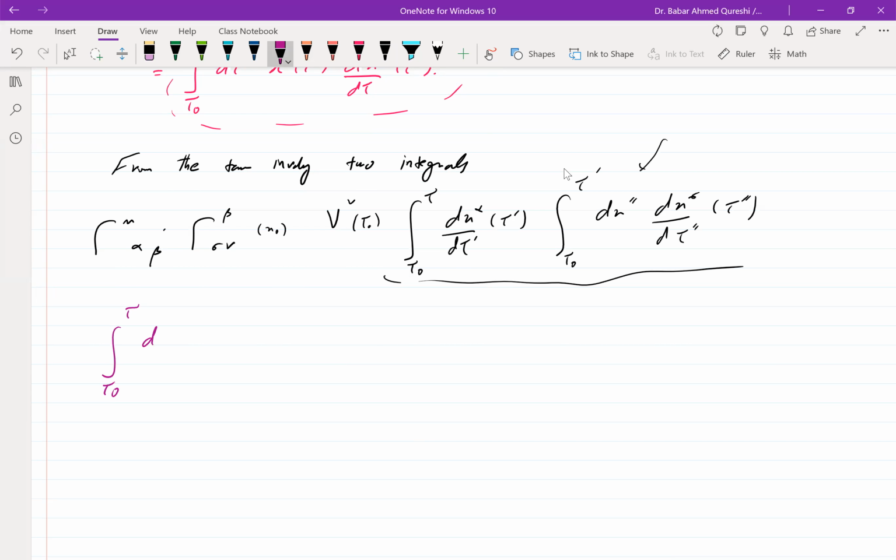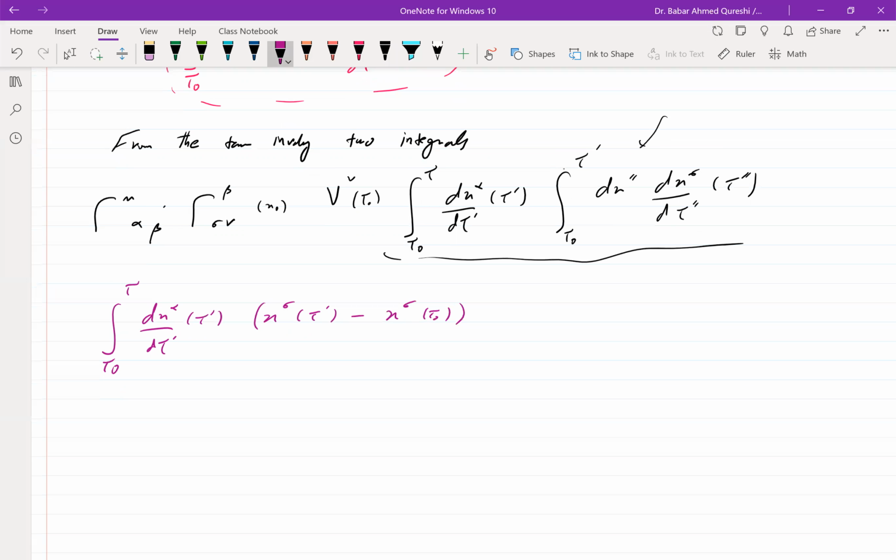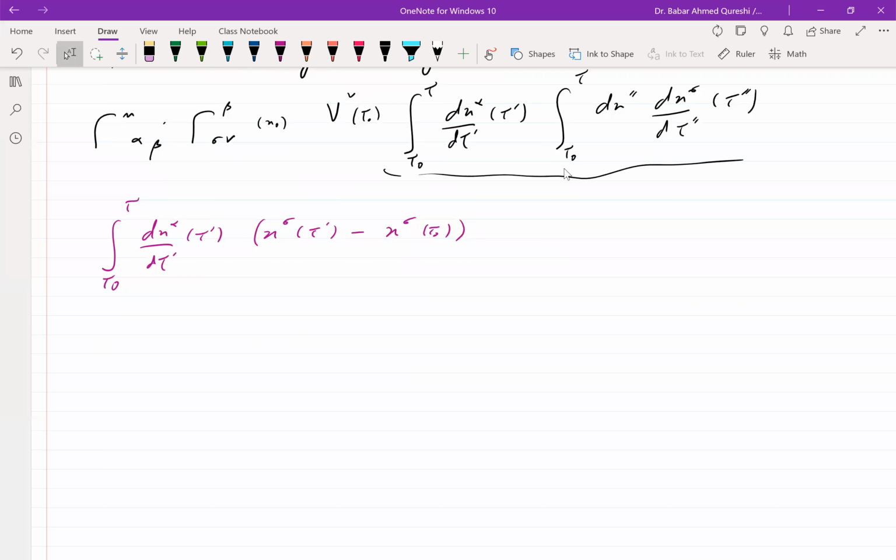Tau, and when I do this integral, I get x sigma at tau dash minus x sigma at tau naught. And we know that we can drop this constant term.